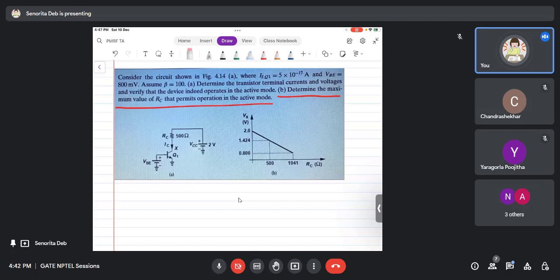Vx is given in graphical format. But how will you know IC? You cannot find VCE if you don't know IC. Anyone?